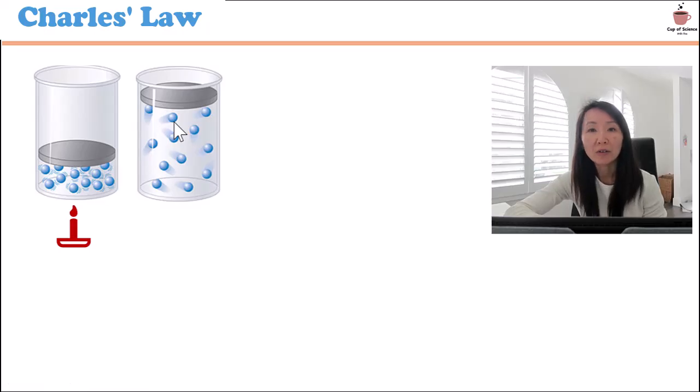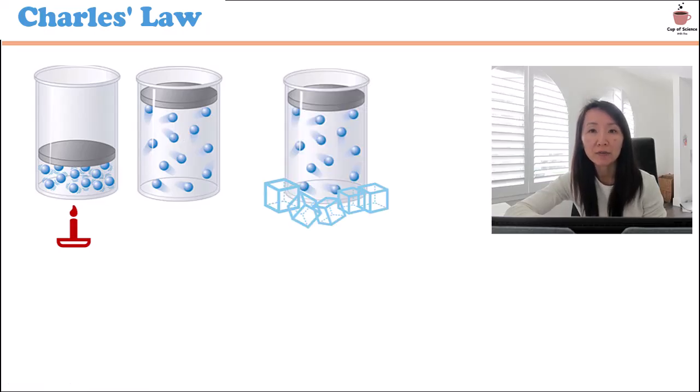Okay. Now, say you have this increased volume with gas and you introduce a bunch of ice. So you're cooling this entire container down. Well, the molecules will no longer hit the sides of the wall container. They will, but not as much as if you were to heat it.